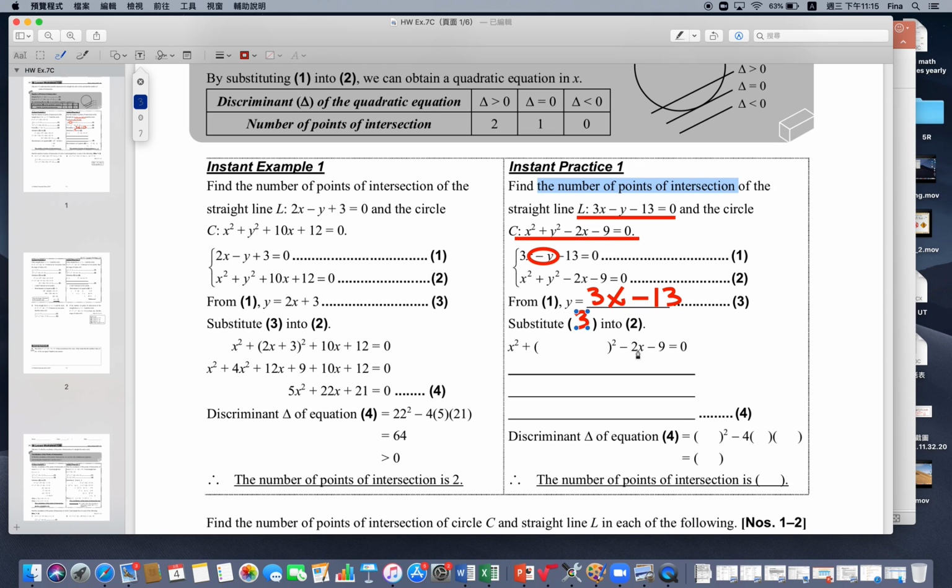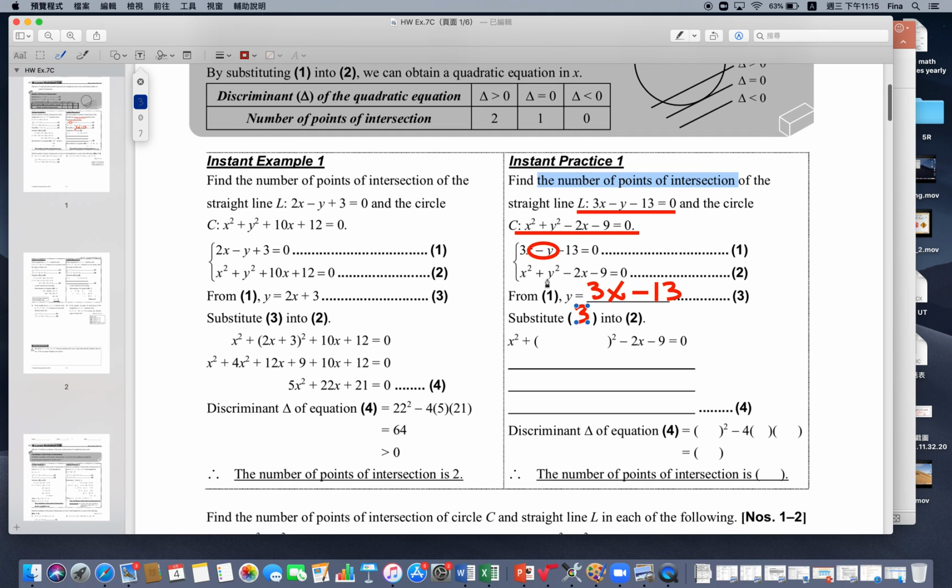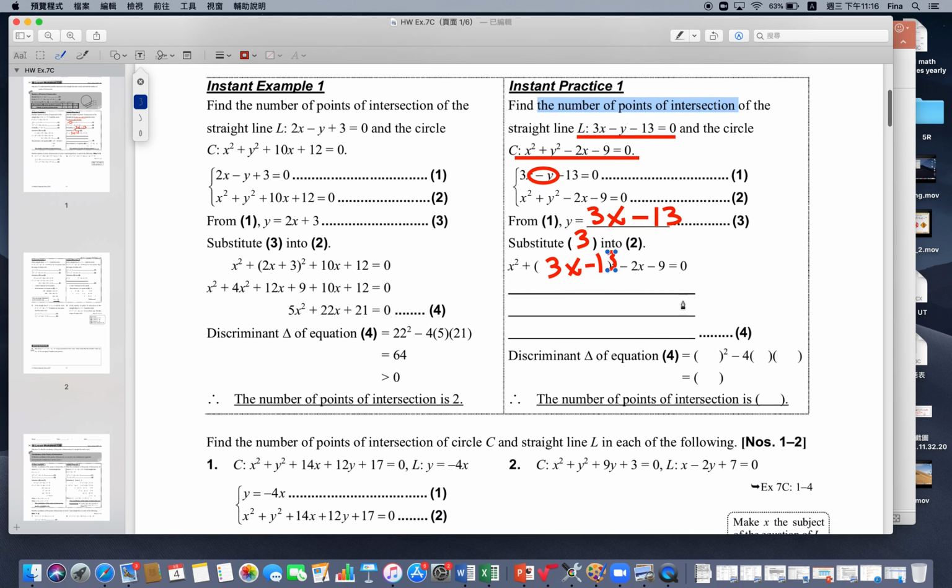Substitute into equation 2, changing all the y to 3x minus 13, and then minus 13 here. Then you can try to do the follow-up calculation here.